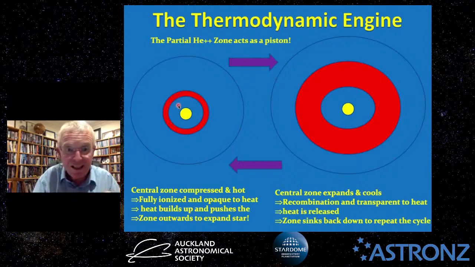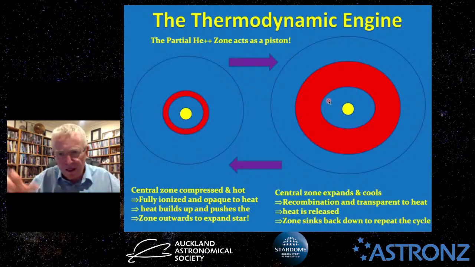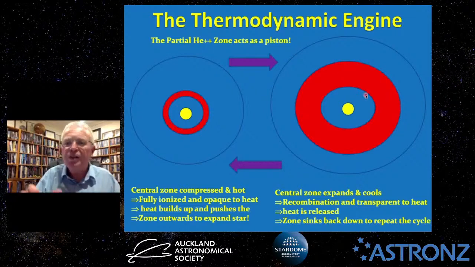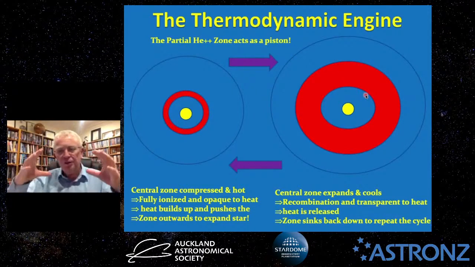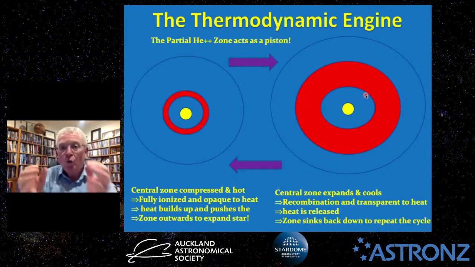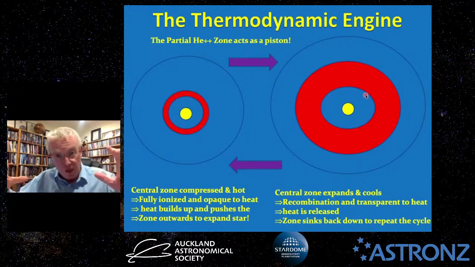And of course, light is heat, so the heat builds up. It starts to expand, pushing that ionization zone further out. The whole star is puffing out because it's opaque and can't give in. But what happens as something expands? It cools off as well. So it slowly starts to cool off as it expands. What happens when it cools off? Recombination.